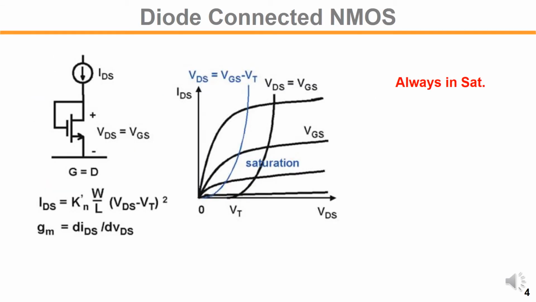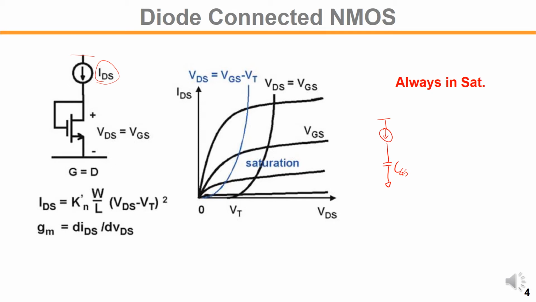Let's review the diode connected load shown on the left. Initially, we will see what happens when we apply these ideas in more detail. As you know, if you apply the current source over the capacitance, that would be CGS.